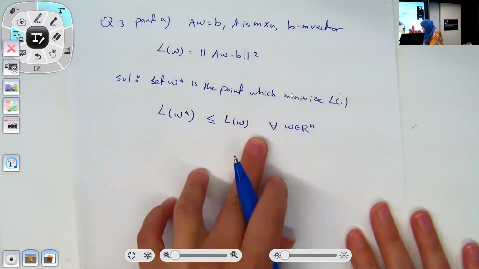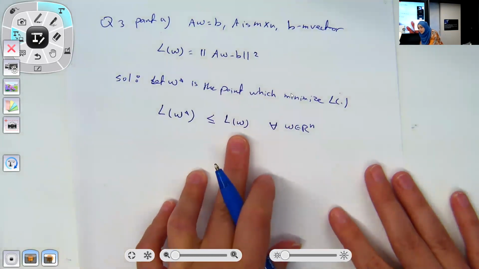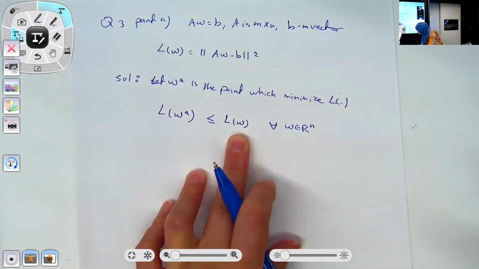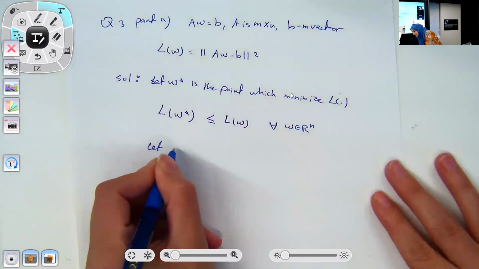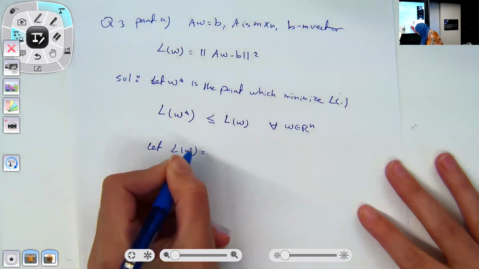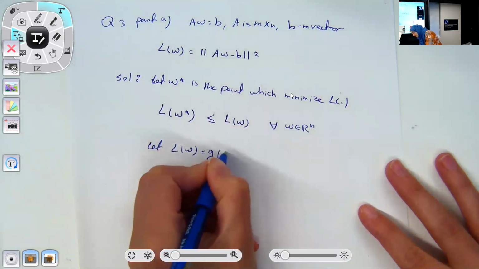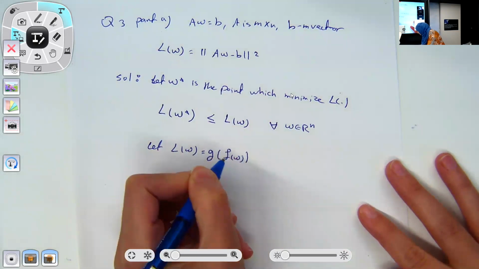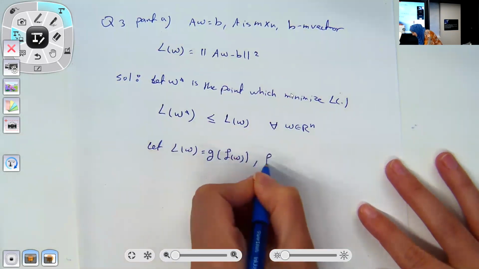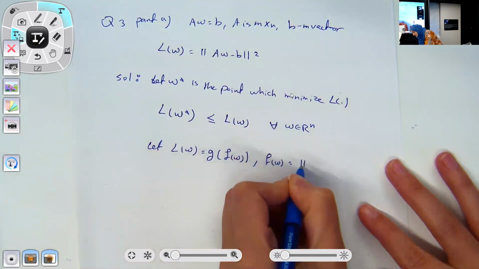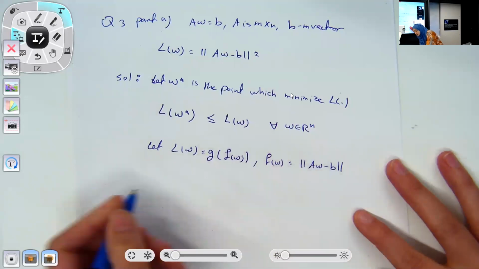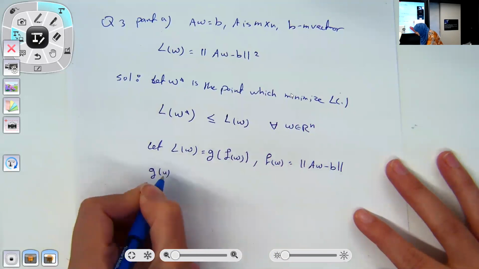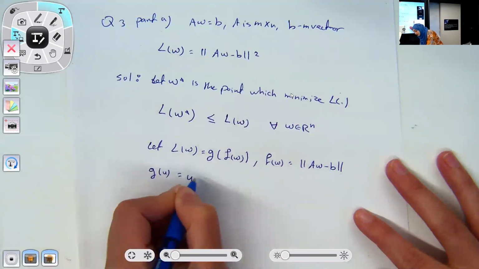Now we have the function L omega. We need to write this function as the composition of two different functions. Suppose that L of omega, we can write it as G of f of omega, where f of omega equal the norm of A omega minus B, and G of u equals u squared.